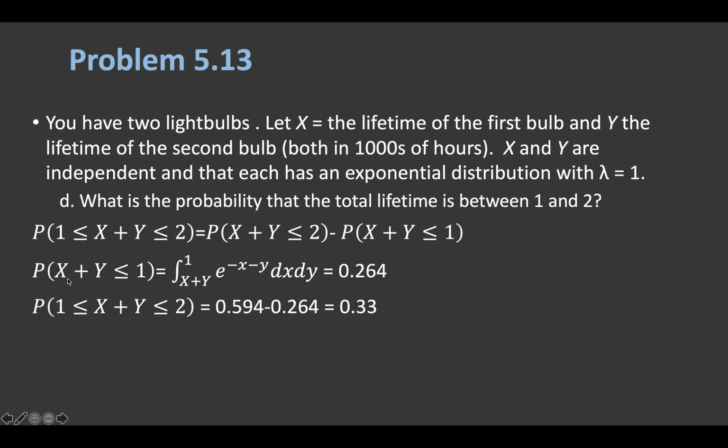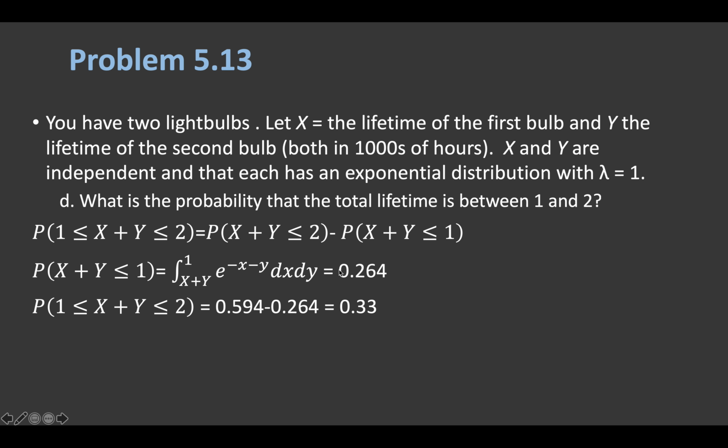We already calculated this, so we just need to calculate the other one. Not straightforward even, but very similar to what we did before, just the top range, the maximum threshold, only goes to 1. So we do this integral, and that gives us 0.264.